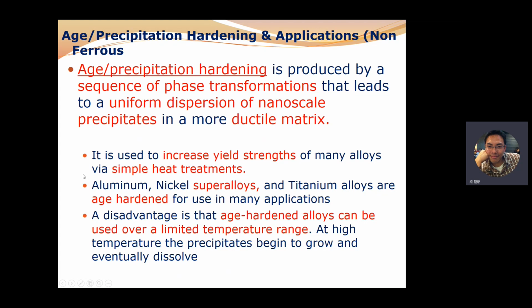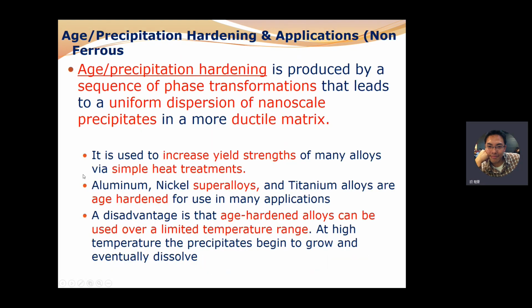Aluminum, nickel superalloys, and titanium alloys are age hardened for use in many applications. The disadvantage is that age hardened alloys can be used over a limited temperature range. At high temperature, the precipitate begins to grow and eventually dissolves.